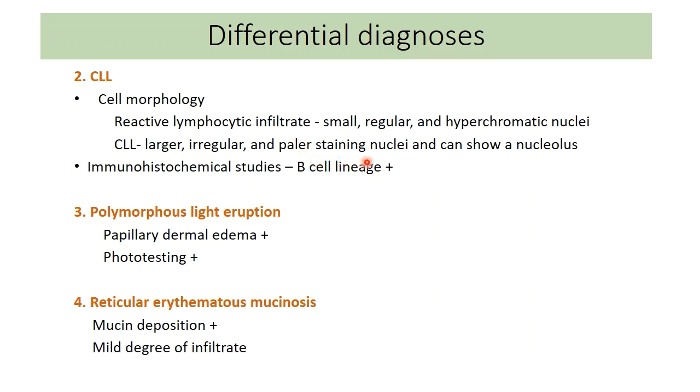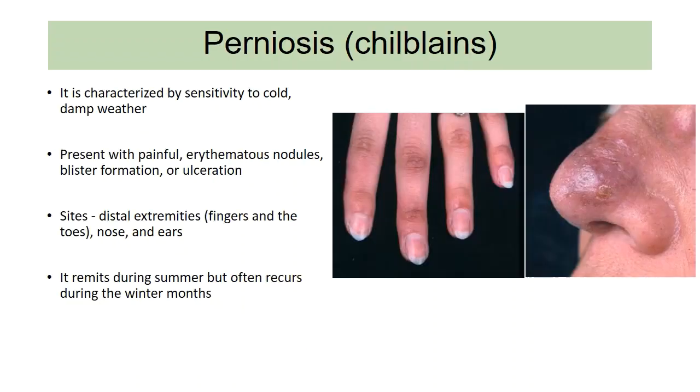It can show nucleoli. The other differential diagnosis, PMLE, will be differentiated by the presence of papillary dermal edema, spongiosis, and positive phototesting. Then finally, reticular erythematous mucinosis. It will be differentiated by the presence of mucin deposition and a milder degree of lymphocytic infiltration. The next entity is pernio.